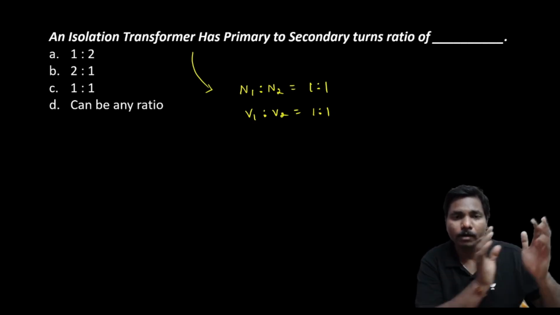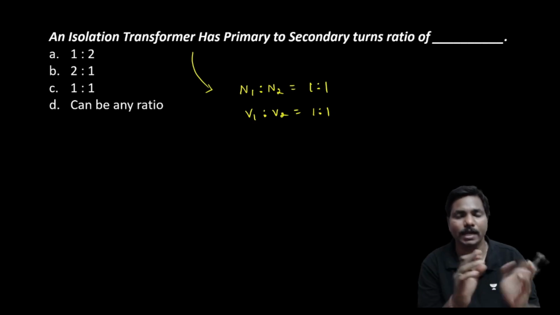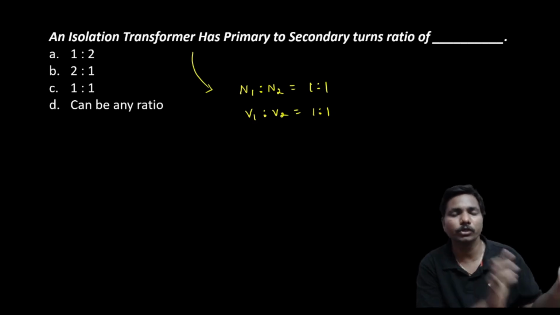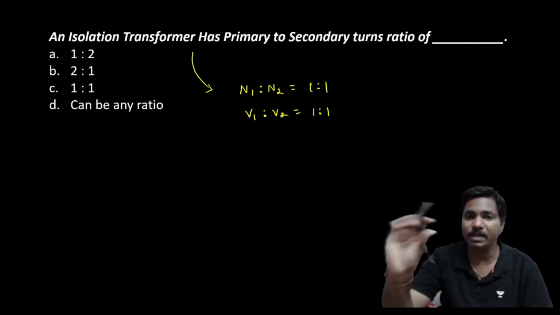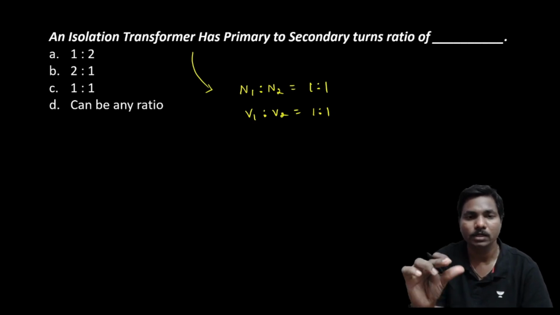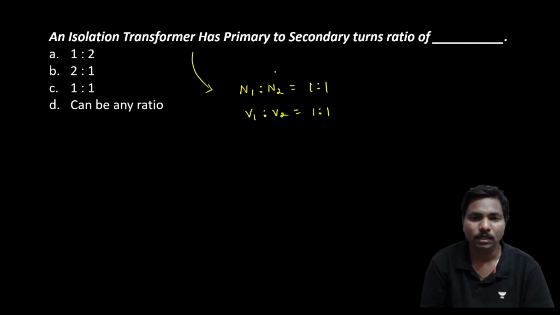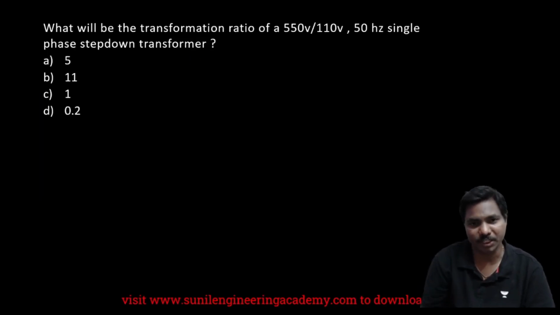If you want isolation from one winding or one circuit to another circuit, then we use this isolation transformer. Here transformation is done through the flux. Flux is not shock. So this is required in electronic circuits. The ratio is 1:1, so what will be the transformation ratio?